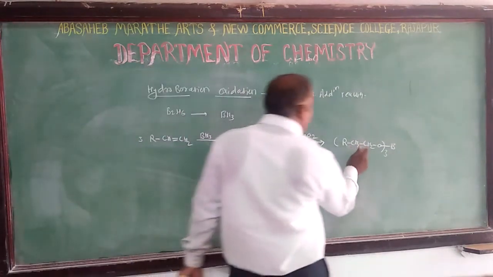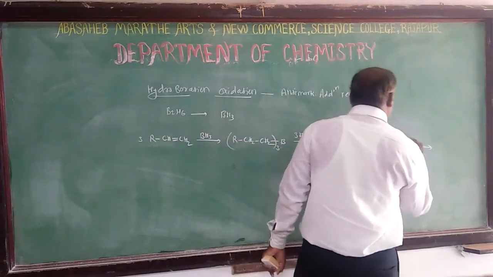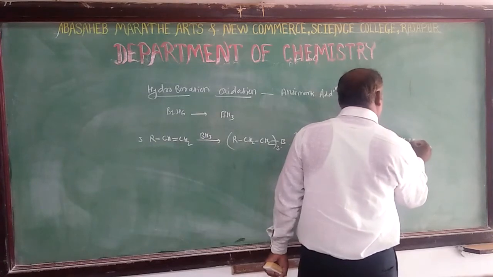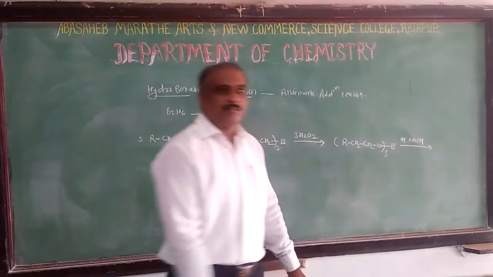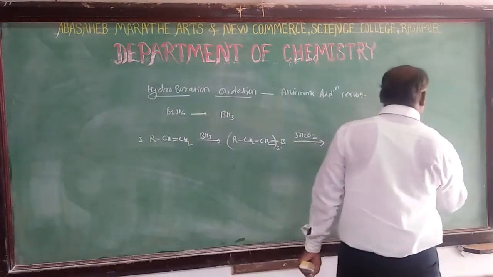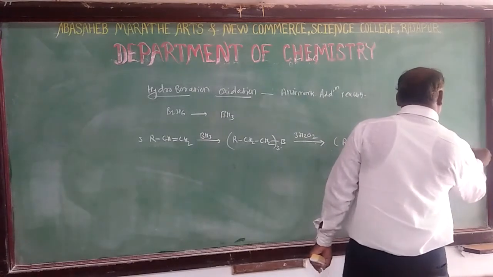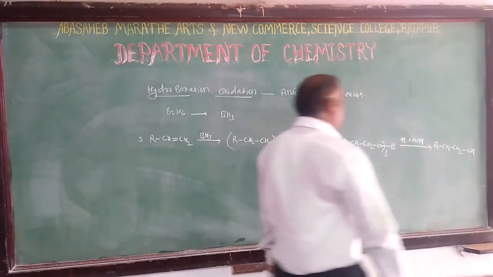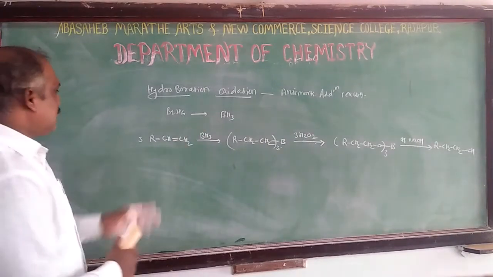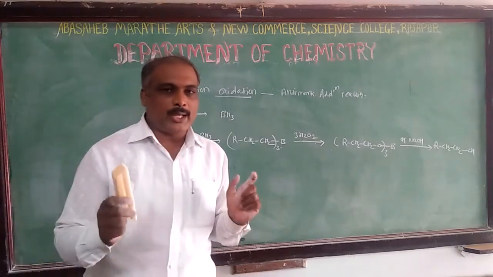And then this trialkoxyborane we can hydrolyze with aqueous alkali like NaOH to get the corresponding alcohol as primary alcohol, RCH2CH2OH as the product. So such types of steps are included in hydroboration oxidation reactions.